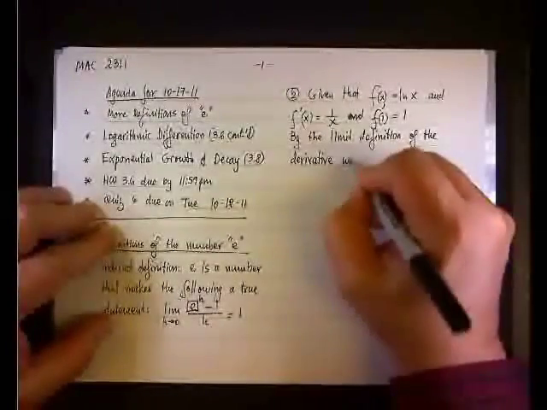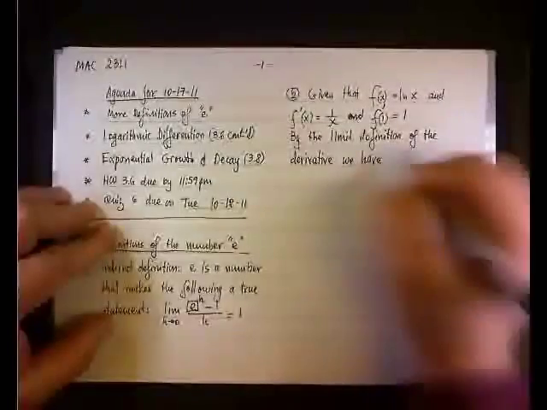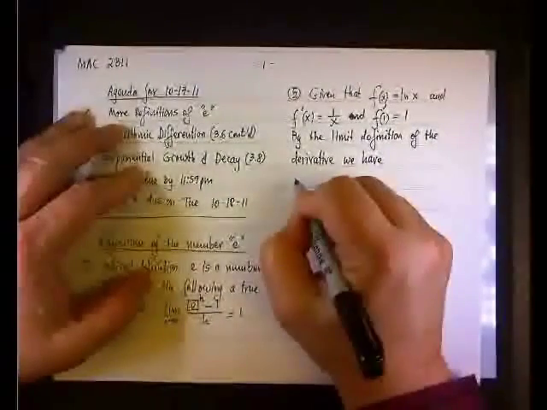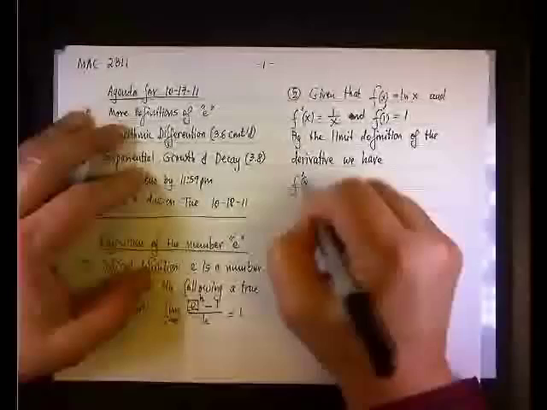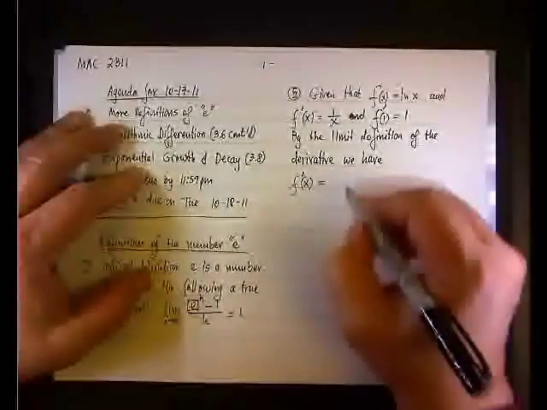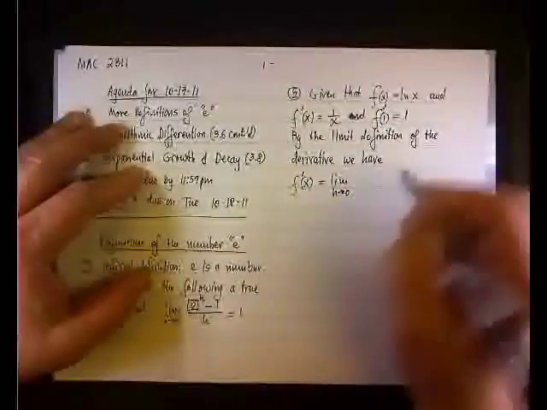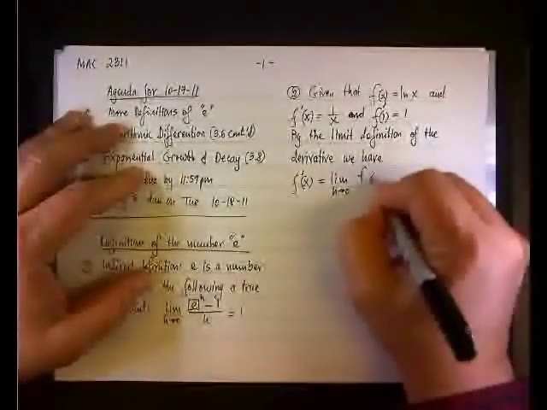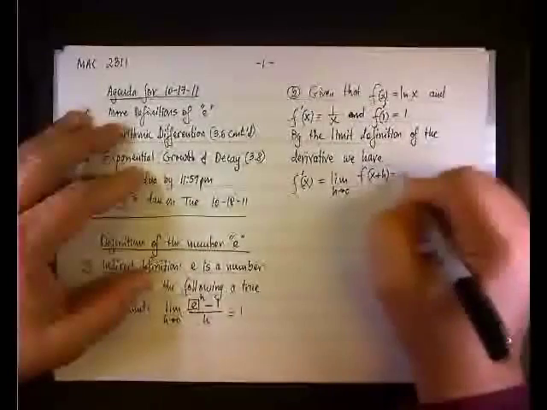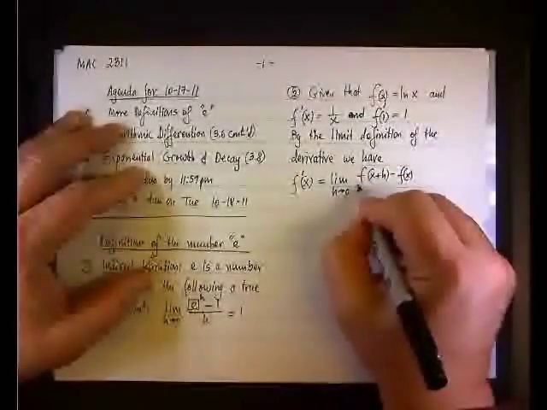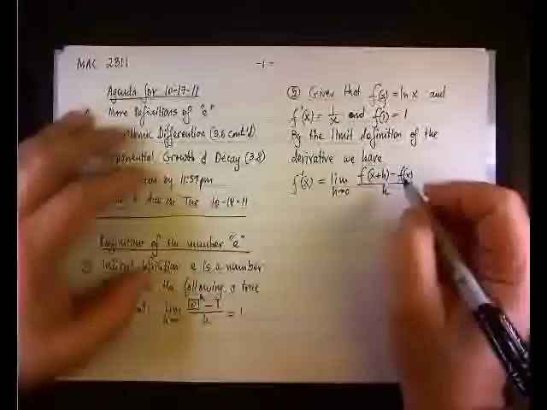And now we're going to say by the limit definition of the derivative, we have the following. Okay? We're going to say that f prime of x, by the limit definition, is the limit as h approaches 0. If you don't remember, it will be f of x plus h minus f of x divided by h. Okay?